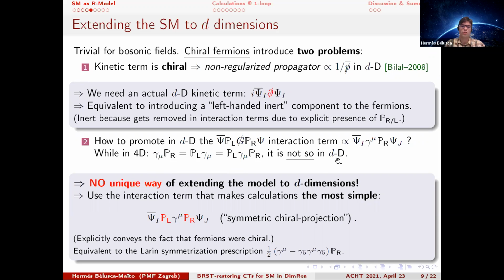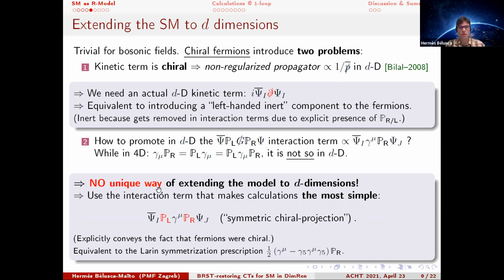And in this approach, I use the solution that is the most simple, which is what I call symmetric chiral projection, where you have both P left and P right on both sides. It also makes calculations simpler, in the sense that it generates only the minimal amount of evanescent counterterms, for instance, in loop calculations.